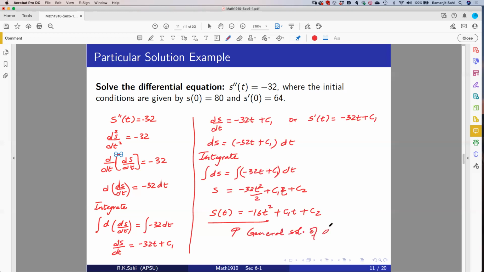Now remember, this is the general solution of the differential equation given by s double prime of t equals -32.